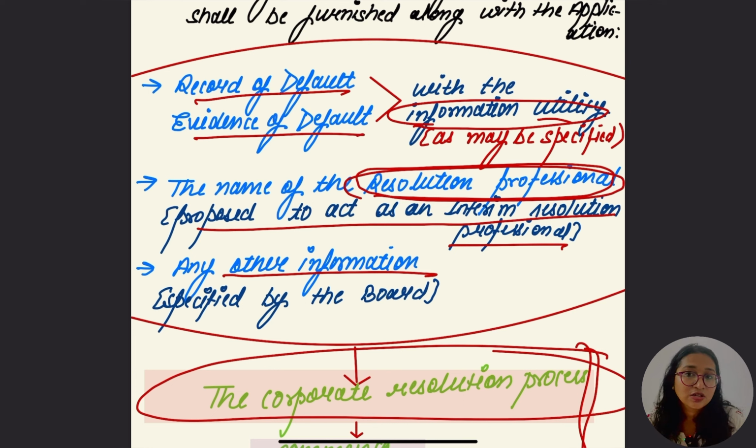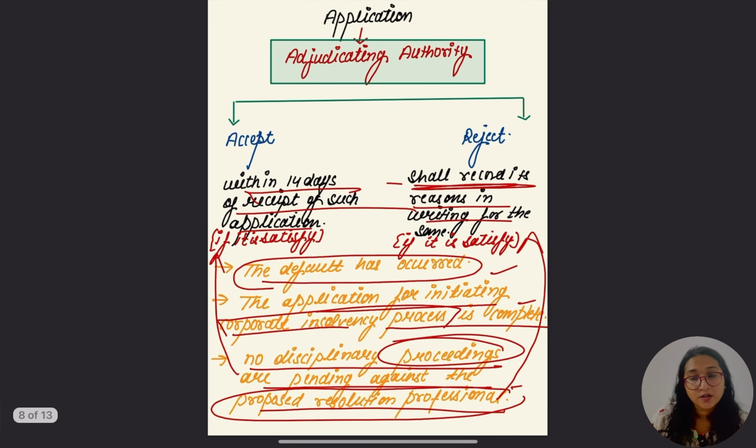Second, the professional's name should be mentioned there, and any other specification which is specified by the board. Once it is done, these documents along with the application are sent to the AA. Either the AA is going to accept or reject. For accepting or rejecting, how much is the time limit? The time limit is going to be 14 days. Hope this up to here was clear.